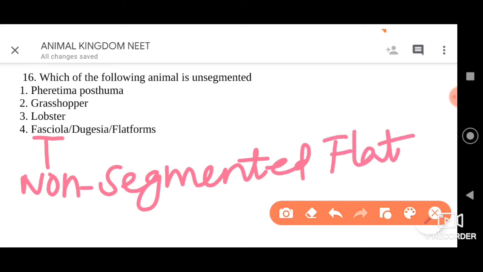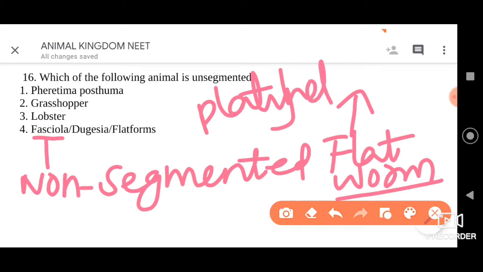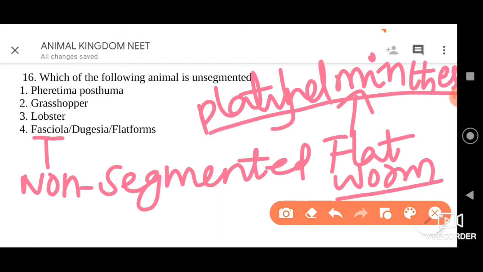That means it belongs to the phylum Platyhelminthes. Dorso-ventrally flattened organisms are called flatworms, which belong to the phylum Platyhelminthes. Platy means flat. Helminth indicates worm. So that's why it is called a flatworm.